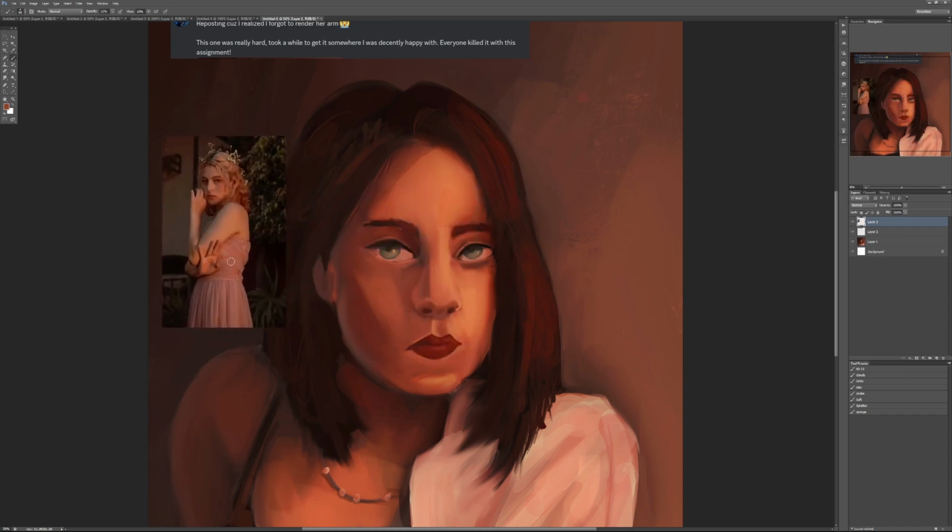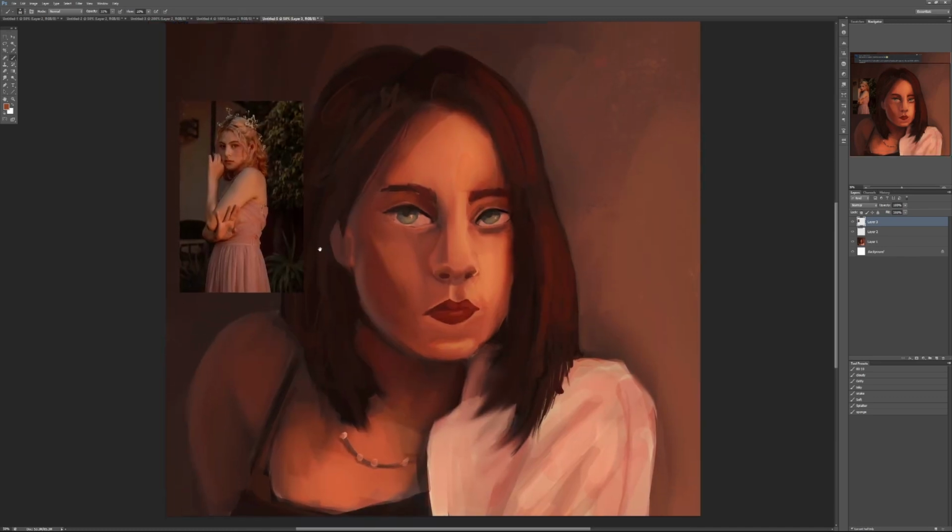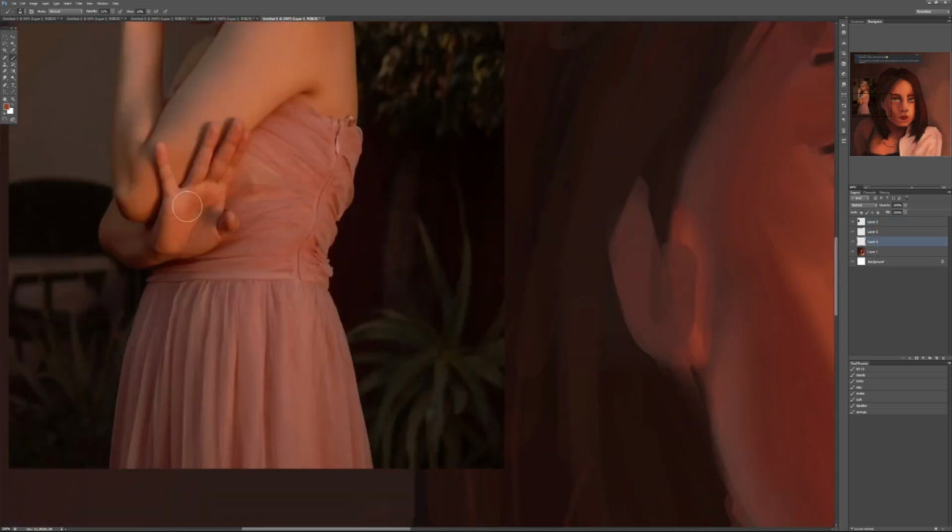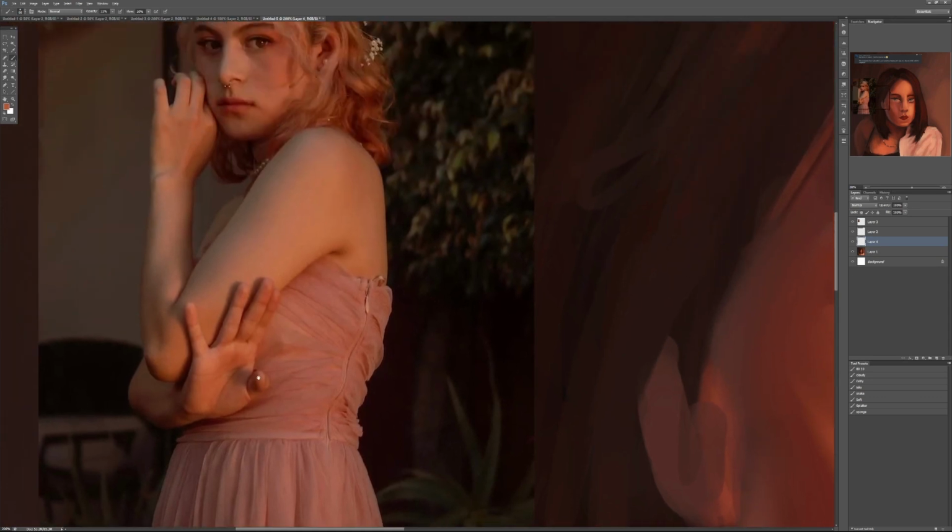So I would say that looking at the lighting reference here, one of the things to keep in mind that might have made things a little easier is that we've got two different ways that the lighting is working out. If we look at this hand, it goes really, really rich and warm. And so we have these really saturated shadows through the wrist and the side of the palm here.